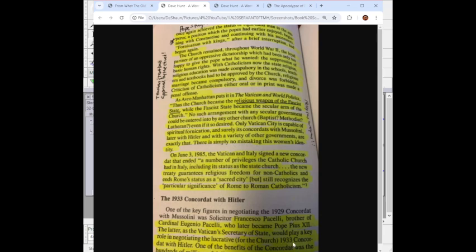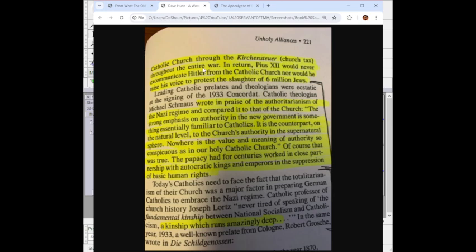One of the benefits was the hundreds of millions. So they were seeking the wealth. Hundreds of millions that the Catholic Church received through this church tax throughout the entire war.